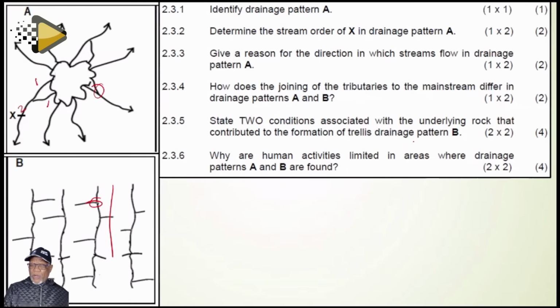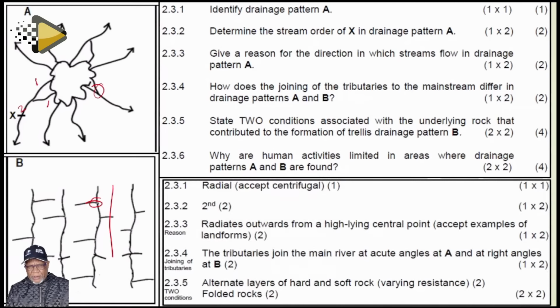And it says, why are human activities limited in areas where drainage patterns A and B are found? Number one, they are found where the areas are steeper. Number two, it is not easy to build in those areas. So it is a steeper area with difficulty to build.